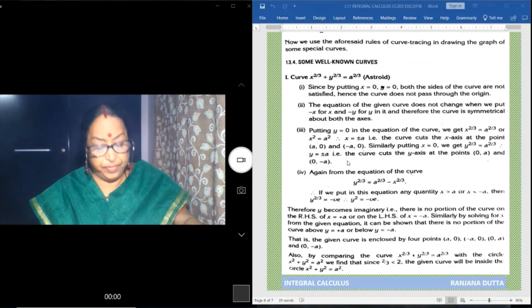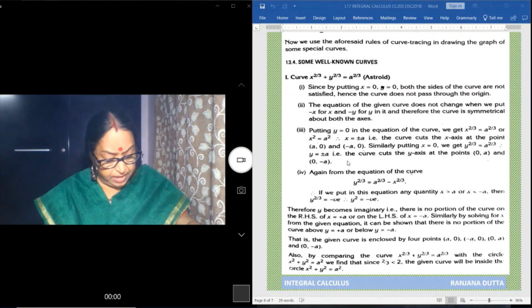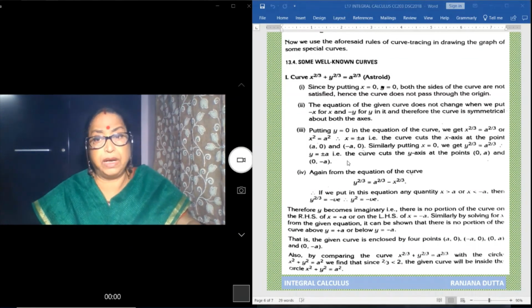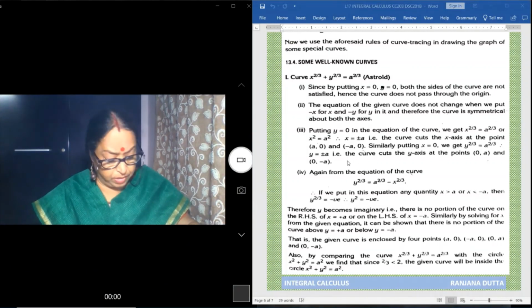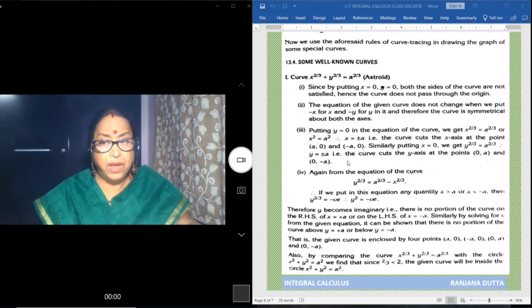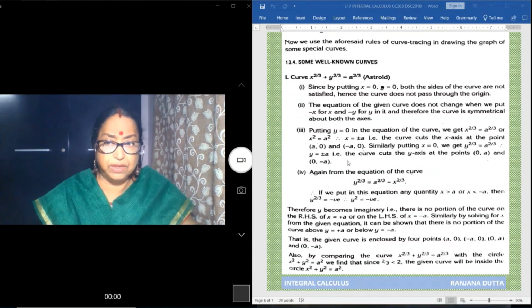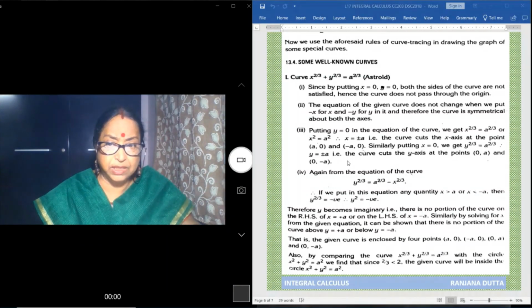Here also we can see that x to the power 2 by 3 plus y to the power 2 by 3 is equal to a to the power 2 by 3. We know that the equation of a circle is x square plus y square equal to a square.